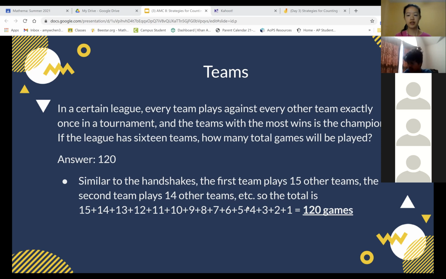Sai's strategy is that every team will play 15 games, and we have 16 teams, so we do 16 times 15. However, if we just do it that way, we count each game twice, because one team plays another team, and that same team plays the other team. Even though that's technically one game, we counted it twice. So we have to divide by 2. That's why we did 16 times 15 divided by 2. Or 15 times 16 divided by 2.